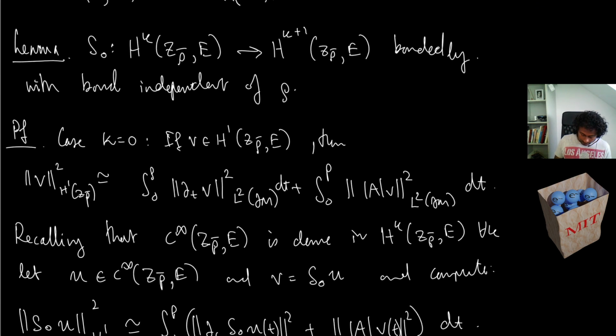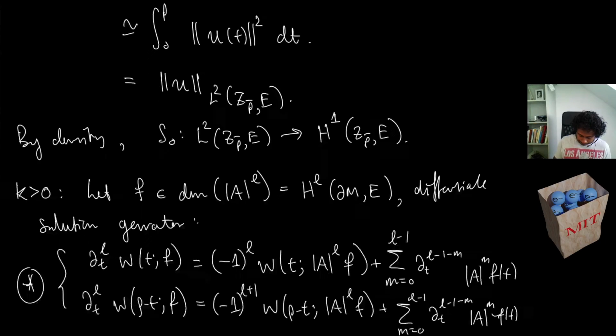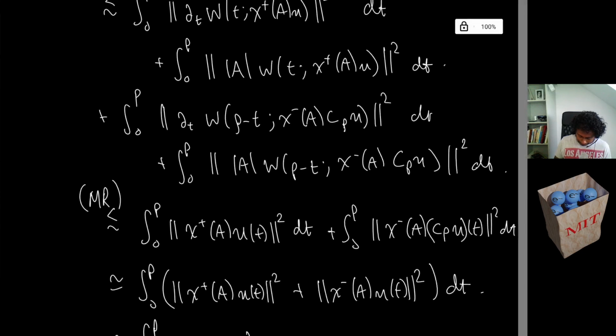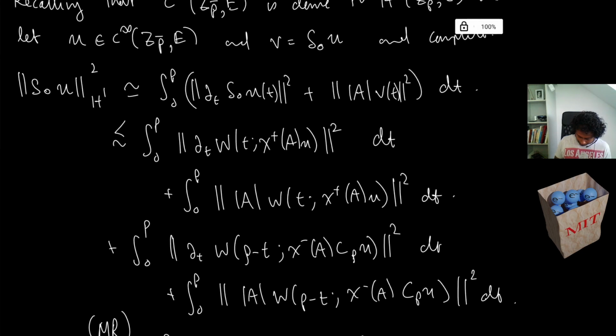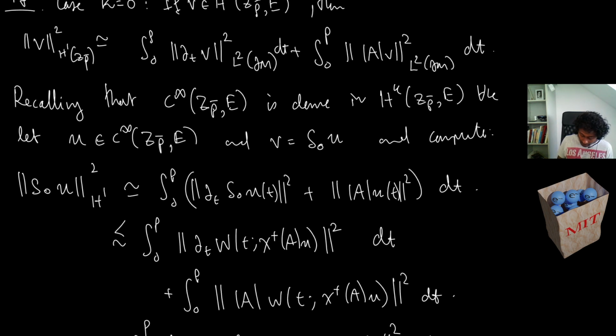And then the next lemma is this lemma which shows, sorry, this shouldn't be V. This should just be U. It's just that I'm applying with the H1 norm here with V equal to S naught of U, right?